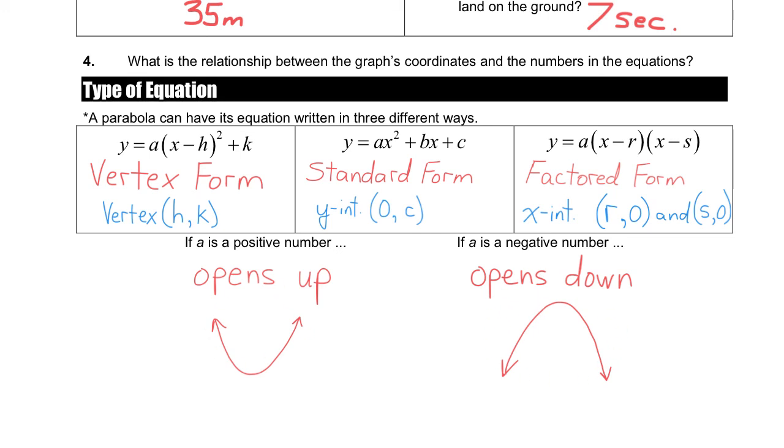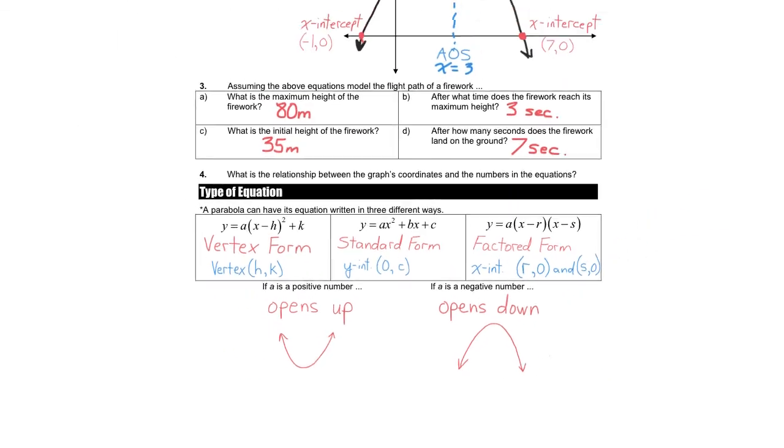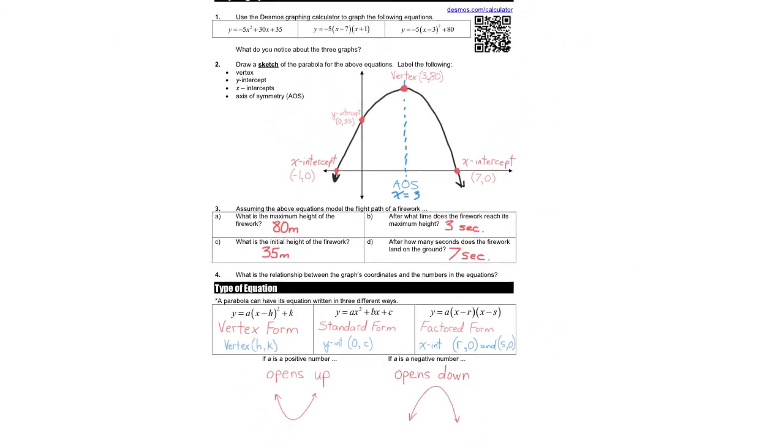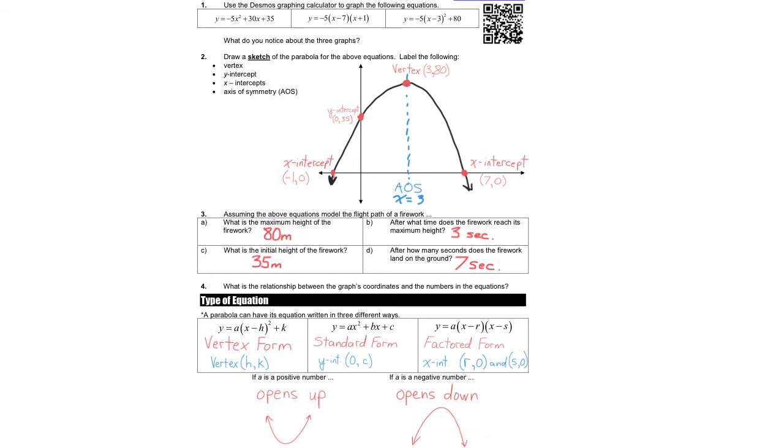So for example, if I go back to our original equations, I can see, well, a is a negative number, it's -5, so the graph opens down, which is what I saw when I graphed it in the Desmos graphing calculator. In the standard form, the last number is 35, and the y-intercept is 35.